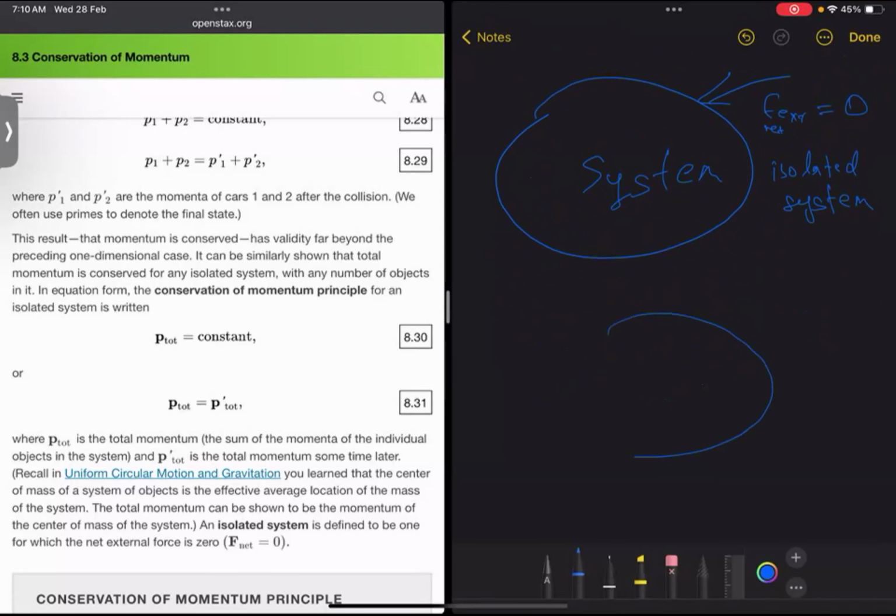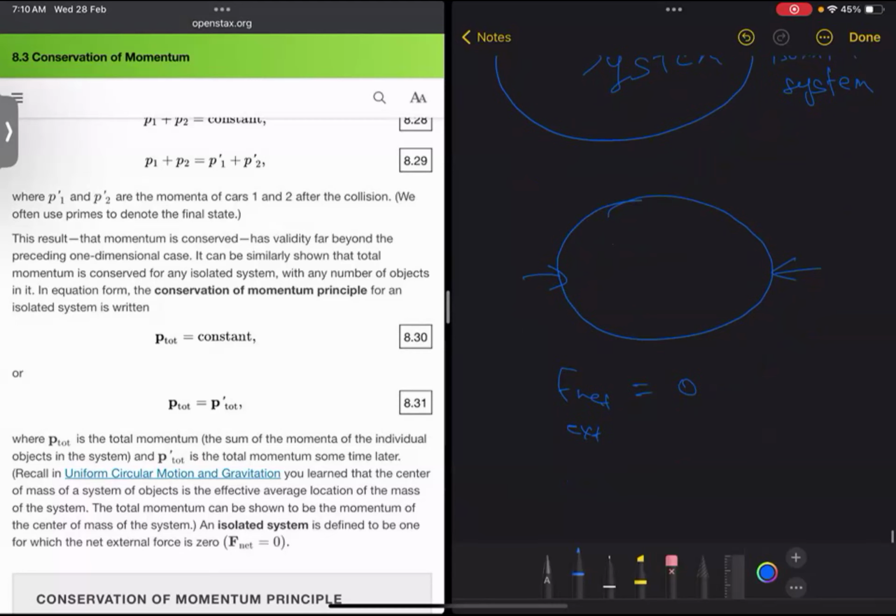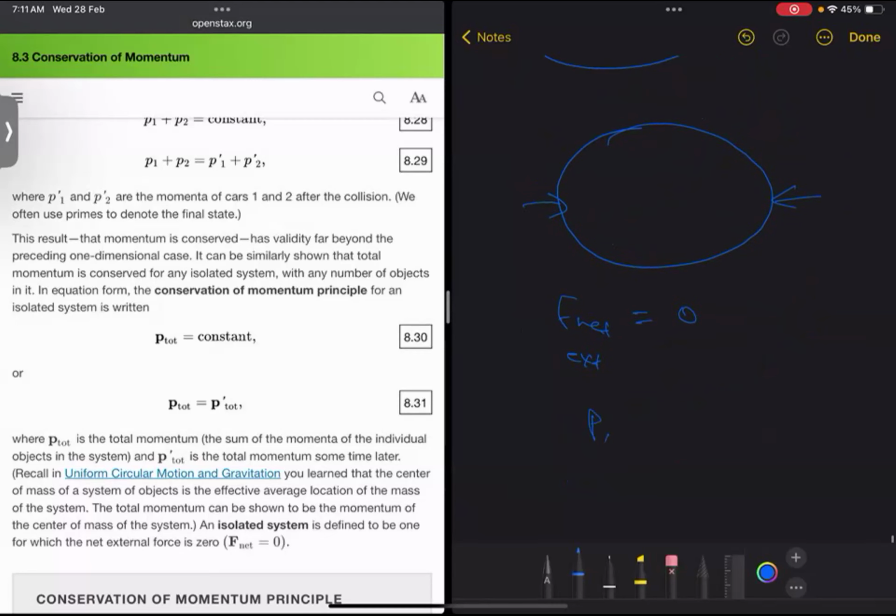If the net external force on this system is zero, momentum is conserved, meaning initial momentum of the system equals final momentum of the system.